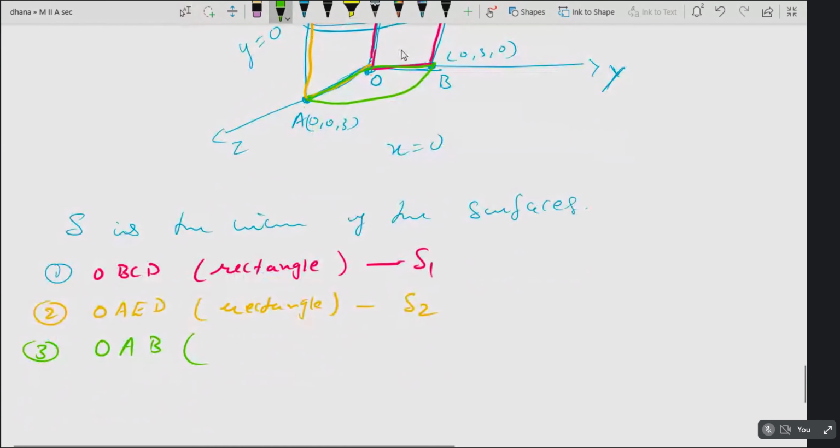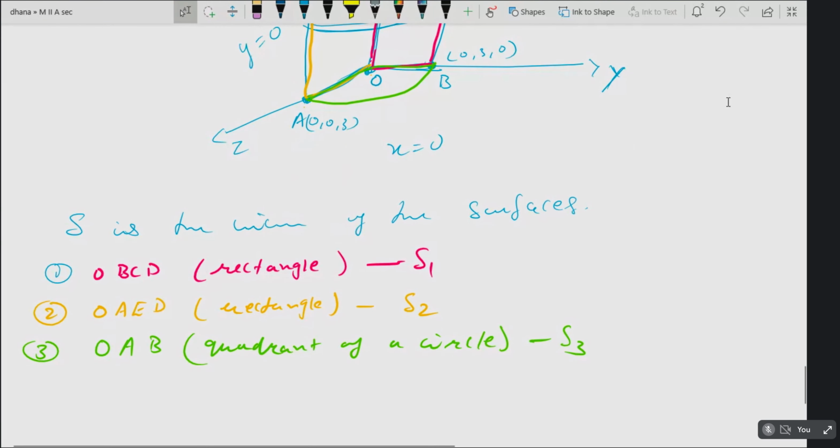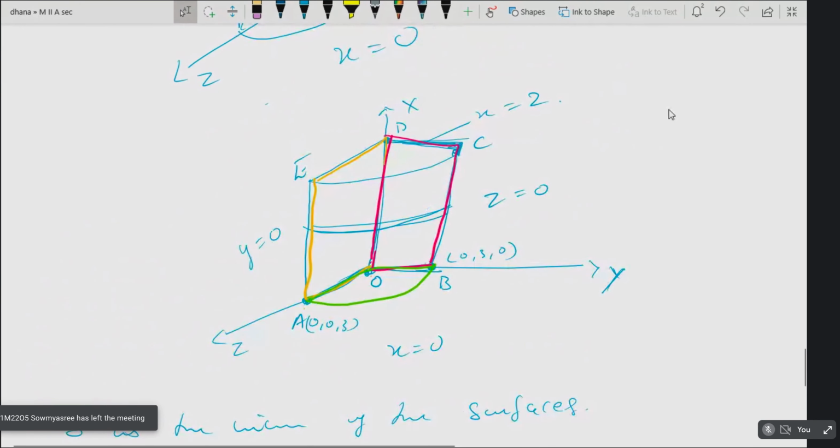It is a quadrant of a circle, and this is the third surface. Similarly, you will have the next surface, which is CDE. C, D, E. This much, this one.